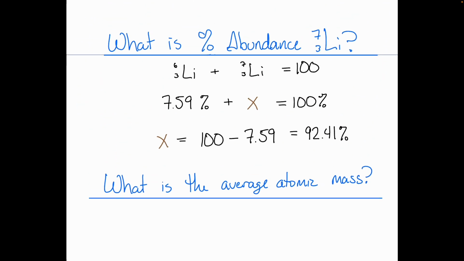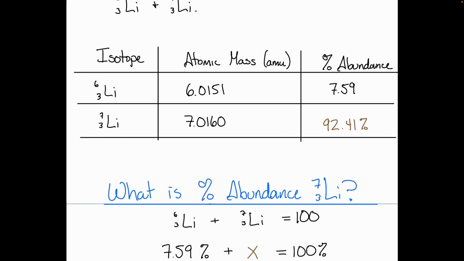All right, an average where we have to account for these weightings here, the different percentage abundance of each of these isotopes. I can't just take my straight average where I add these two up and divide by 2, because that would weight this isotope just as equally as this isotope. And there's way fewer of the lithium-6 isotope. So we got to incorporate these percentages into our averaging here. Again, what we call a weighted average.